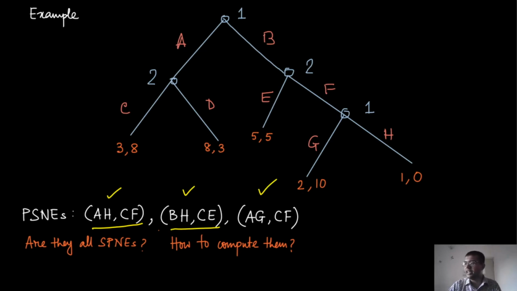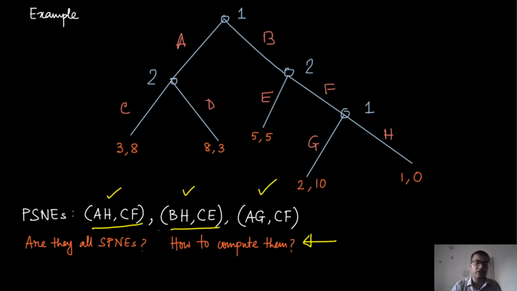Now the very natural question is how to compute this subgame perfect Nash equilibrium. This sounds like a really interesting idea, a new concept, but then again we have to compute it carefully. By the definition of subgame perfection, you can already start thinking about how this computation should start.